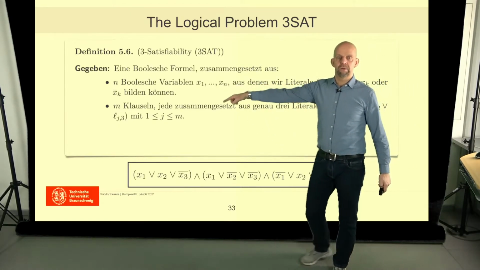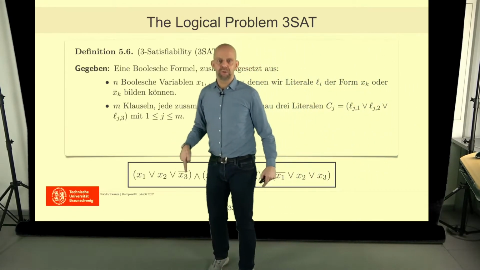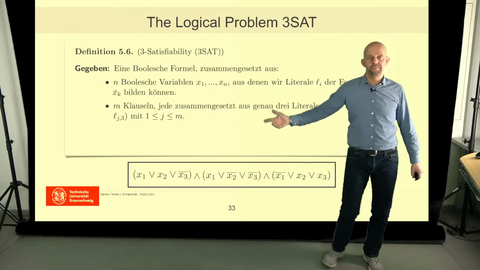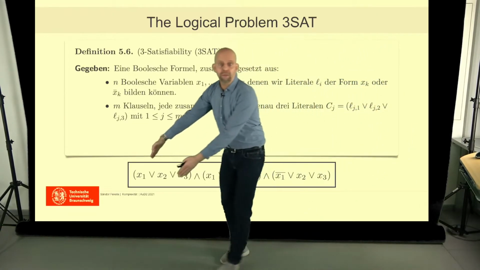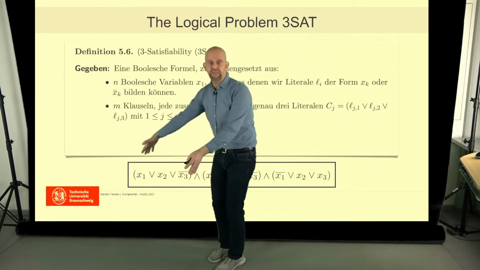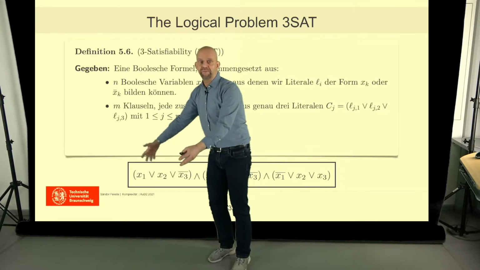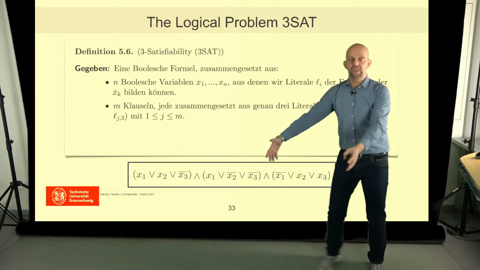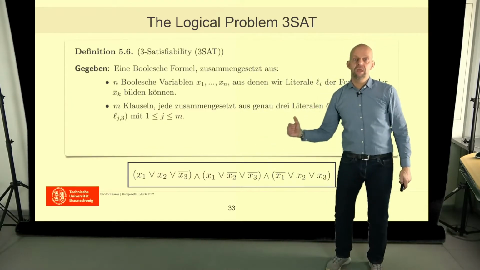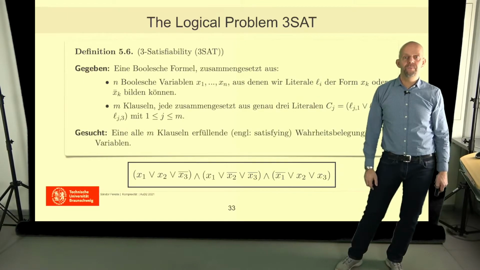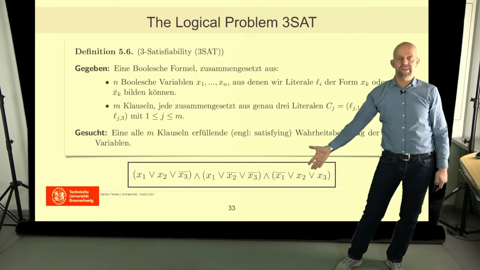We have 3 variables, x1, x2, x3. And we have, in this case, 3 clauses. That one, that one, and that one. Each one consists of 3 literals. A literal is a non-negated or negated variable. Each one has 3 of them. That's satisfiability. And what we want is satisfaction.